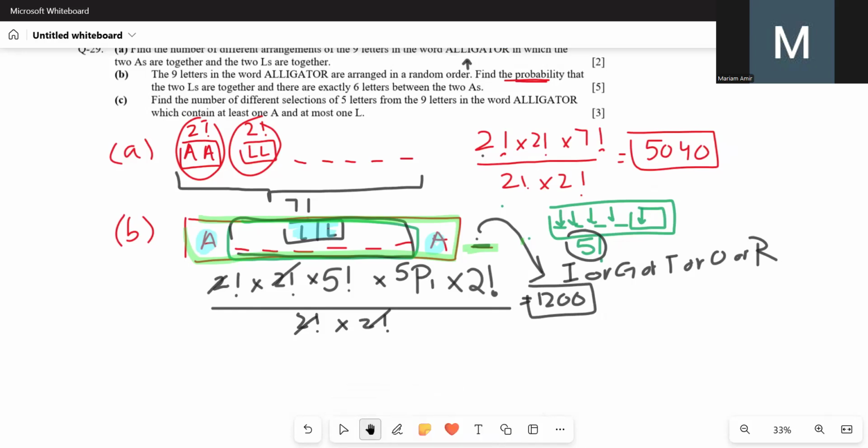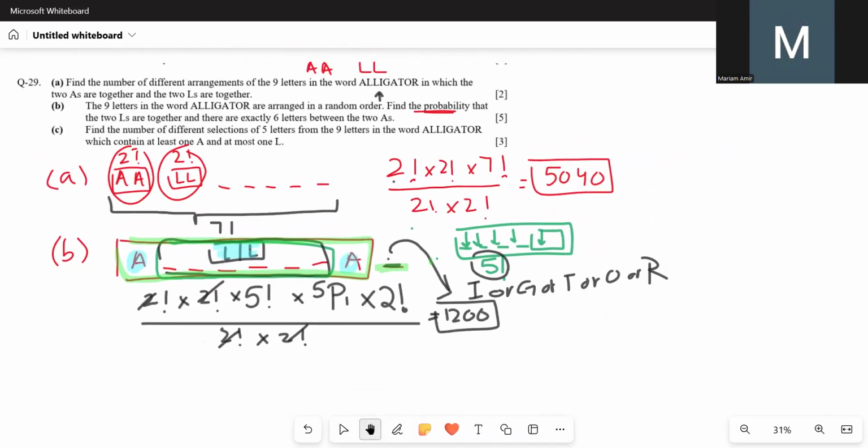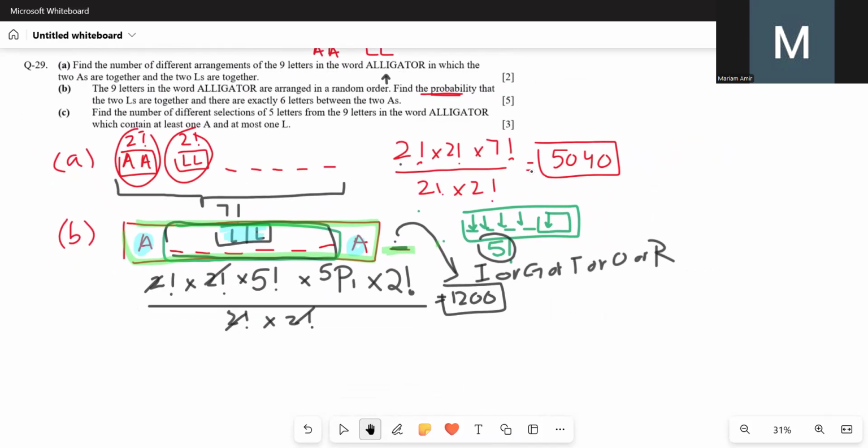Okay. Next is part C, which is find the number of different selections of 5 letters from the 9 letters in the word alligator, which contain at least one A and at most one L. Okay, so at least one A means we could have an A and at most one L, so we could have one L as well, and 3 more alphabets because in total we're selecting 5.